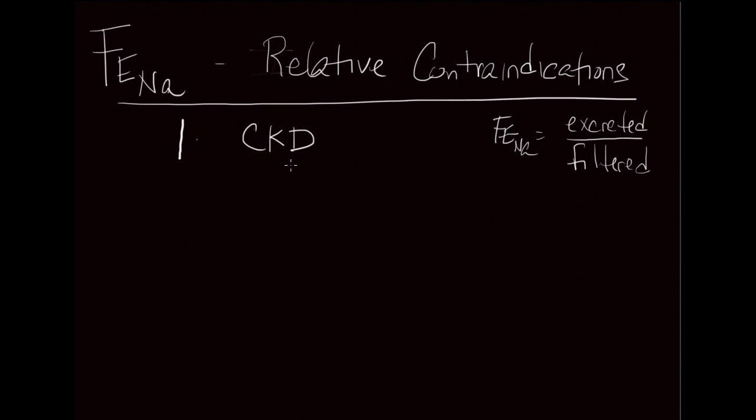For all you know, the patient could have a baseline FENa of 4 or 5%, and the FENa you've now calculated during the acute renal failure episode isn't that far off from their baseline. So with CKD patients, you have to pay a little bit more attention and not rush to interpret their FENa in the same manner that you would a normal patient who develops acute renal failure.